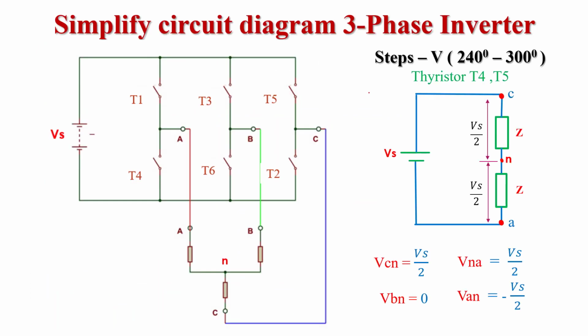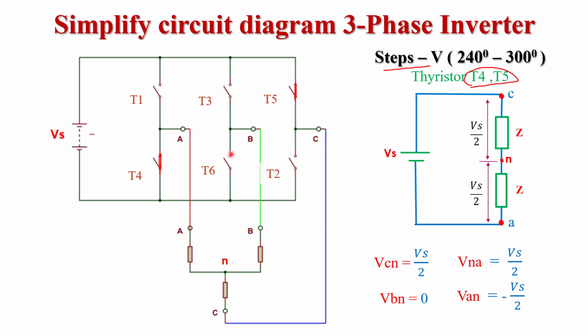Now we calculate phase voltage for step 5 in the same way, 240 to 300 degree. Here two thyristors are conducting, T4 and T5. T4 is a negative group thyristor connected from phase A, and T5 is a positive group thyristor connected from phase C. So here we see phase A is connected from the negative terminal of supply voltage and phase C is connected from the positive terminal of supply voltage via the T5 thyristor because both work like a closed switch.